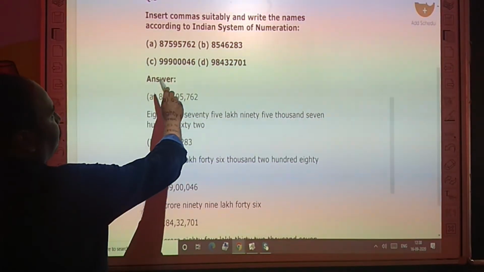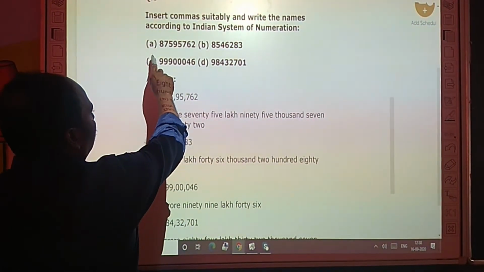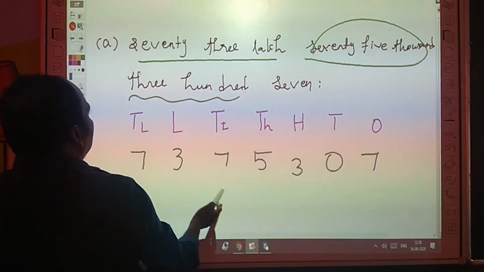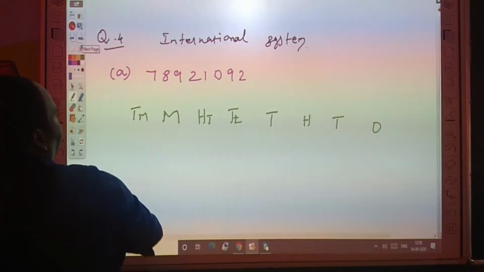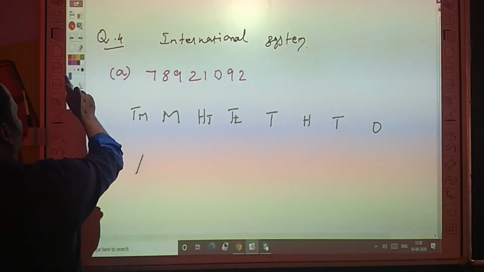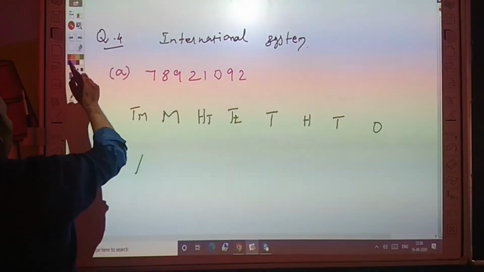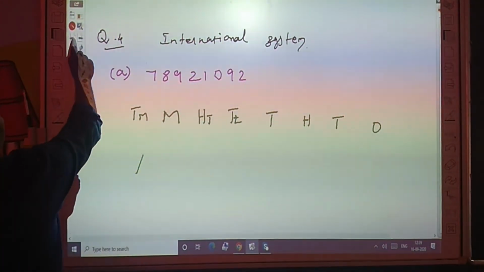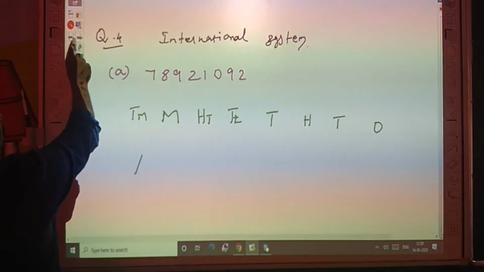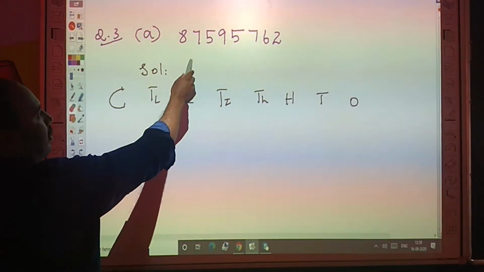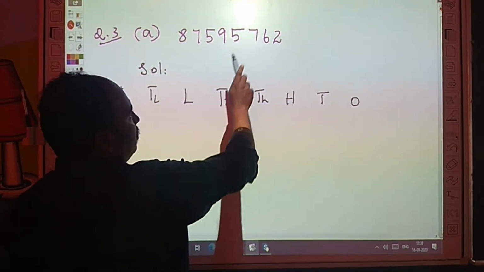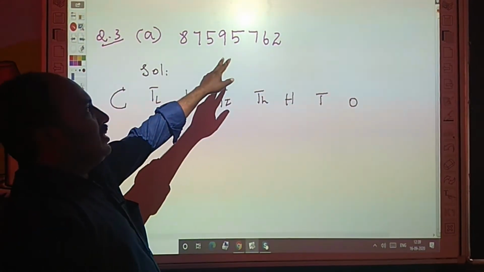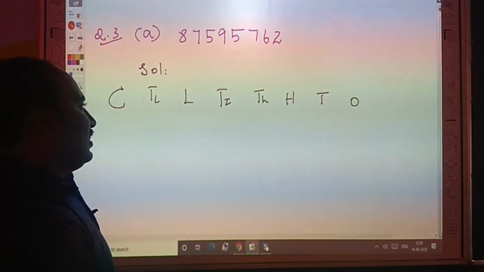Our first question is 8 crores 75 lakhs 95,762.